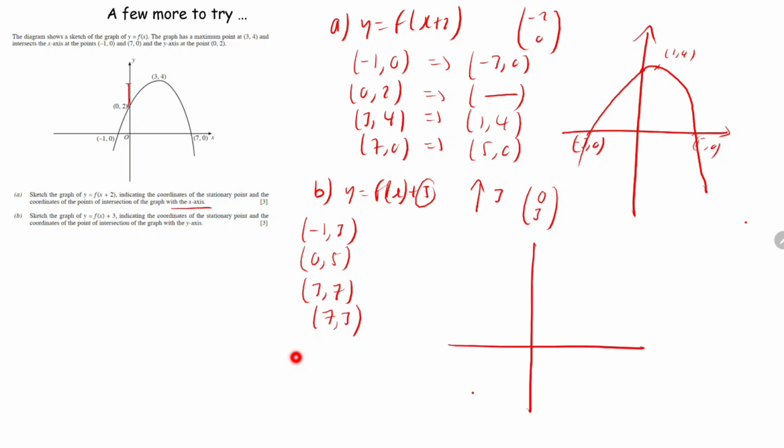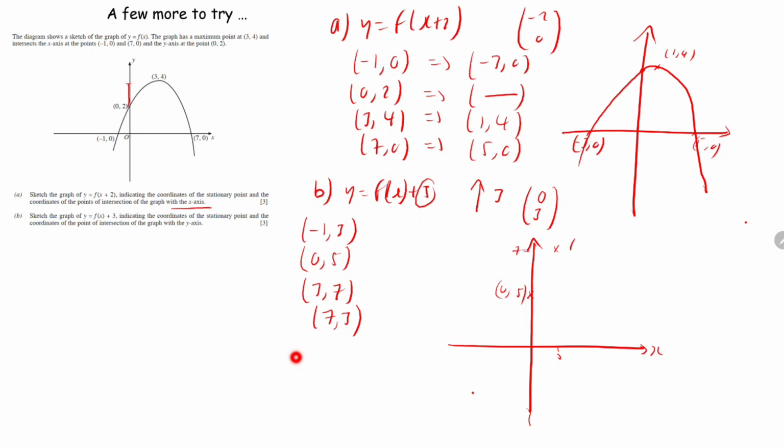So the new graph here is going to give us the following. Now again, we don't know where the roots are going to be now, okay, but we know that at 0, 5, that's our new intercept, and our new maximum point is now at 3, 7.